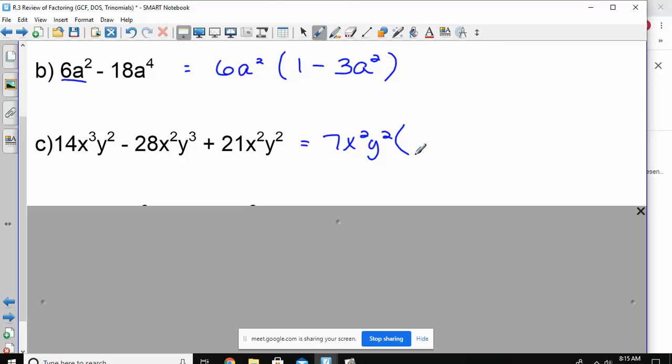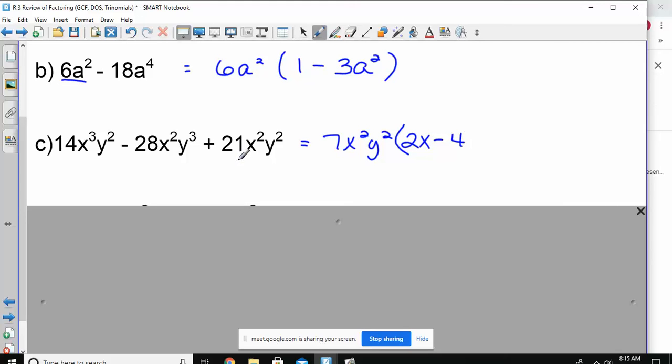Okay. 14 divided by 7 is 2. I took out 2 of the x's, so I have 1 left. I took out all those y's, so I can just drop that. Minus 28 divided by 7 is 4.